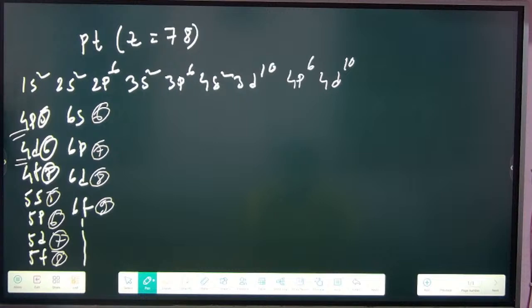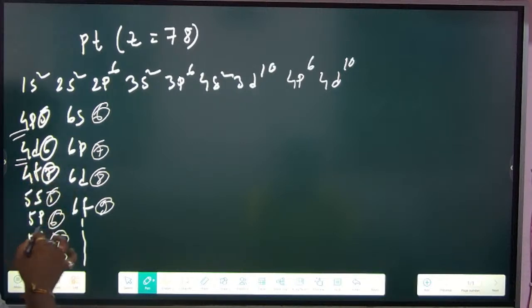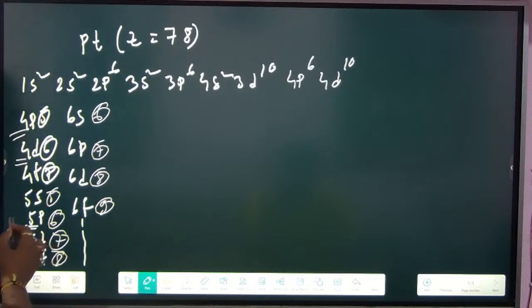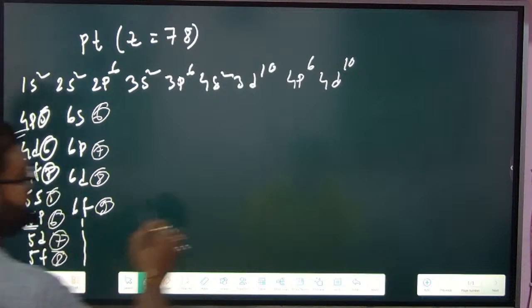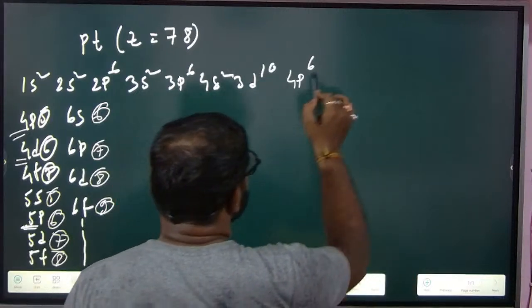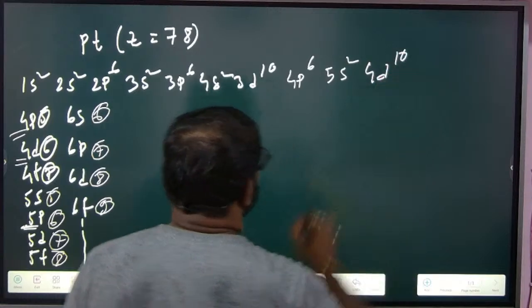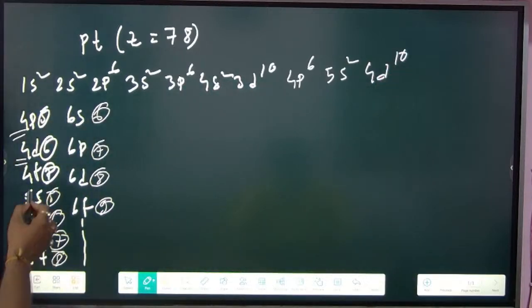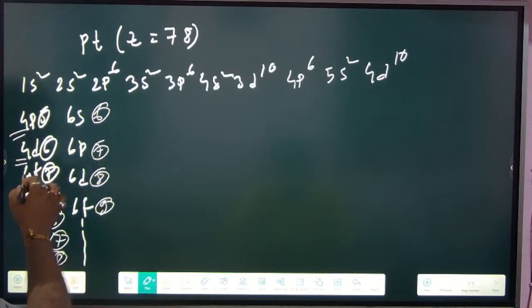Now after this, after 4d, then we will have 5p, because 4d6, 5s5. So before 4d we will have 5s actually, 5s2, then 4d10.